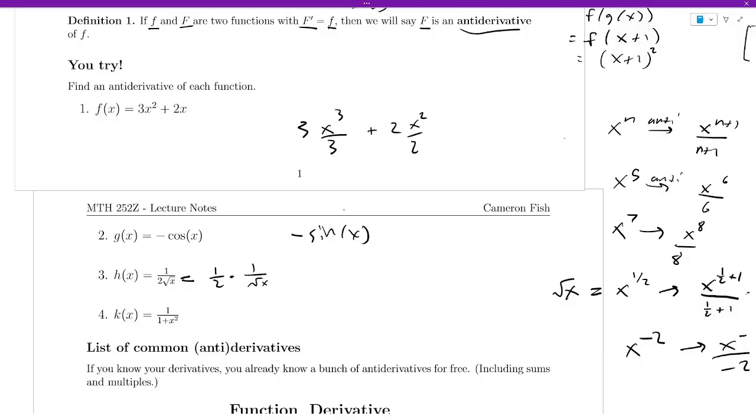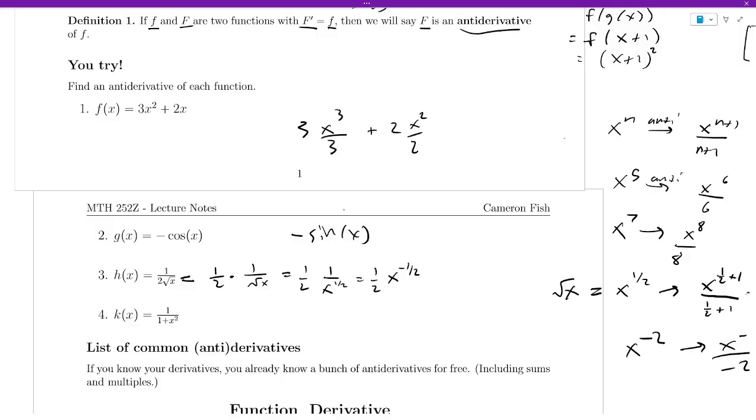So that's just going to make things a little easier. I can keep the 1/2. Root x is just x to the 1/2. And x to the power in the bottom is the same as having x to that negative power in the top. So x to the negative 1/2.